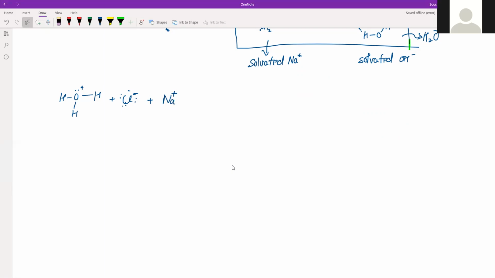It has broken into Na plus ion and an OH negative ion. So it is like this, OH, and this O has these extra lone pairs, due to which there is a negative charge on this. So OH has a negative charge and Na has a positive charge. So the total ionic reaction is like this.